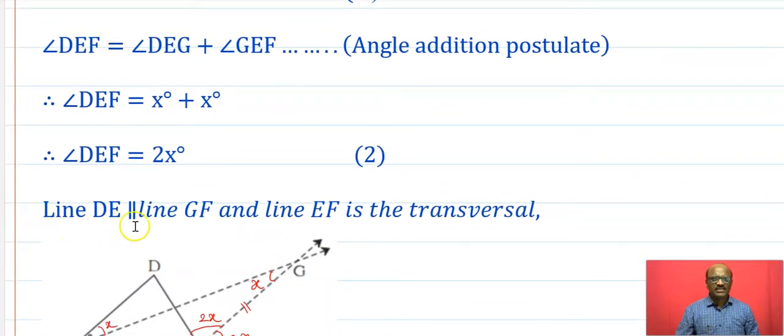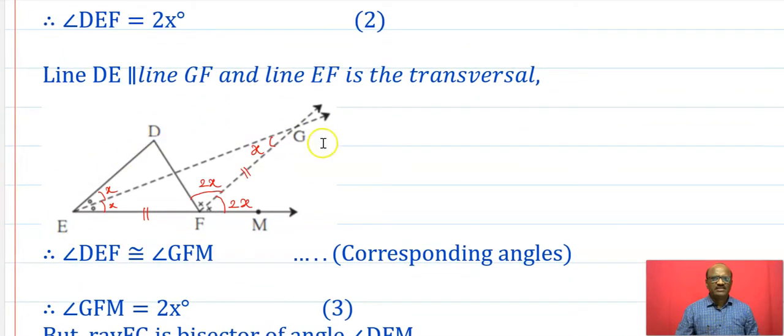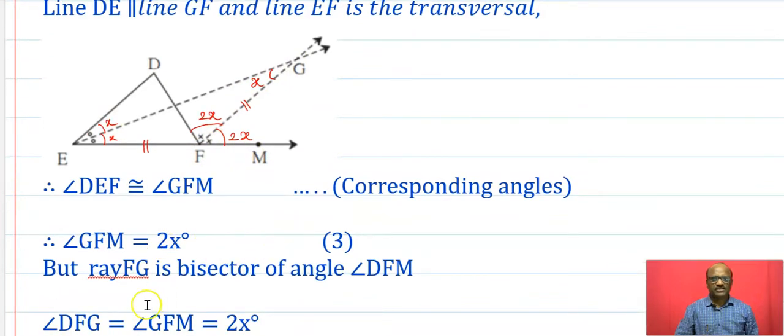The line DE and the line GF are parallel, and EF is the transversal. That is, angle DEF is congruent to angle GFM. These are the corresponding angles, and their measure is equal to 2x. That is, GFM is equal to 2x.